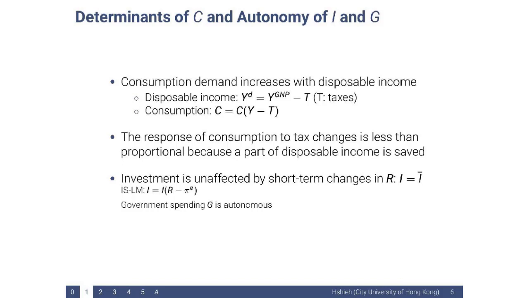Therefore, we can rewrite C as a function in this manner, right? C is equal to C(Y minus T). So if we write it this way, in our aggregate demand function, we can kind of ignore this C variable, right? And when I write the aggregate demand function, I will just write the input, okay? As you'll see in a few slides.